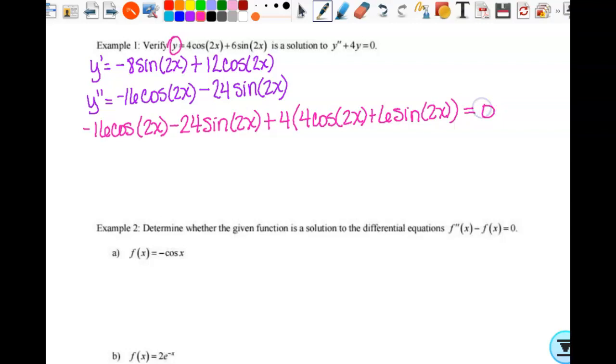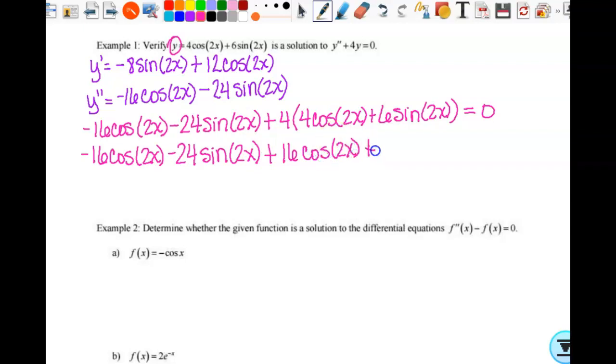That's an equation. So then negative 16 times the cosine of 2x minus 24 times the sine of 2x plus, then I distribute my 4. This is going to give me 16 cosine of 2x plus 4 times 6 is 24 times the sine of 2x, and that should equal 0.